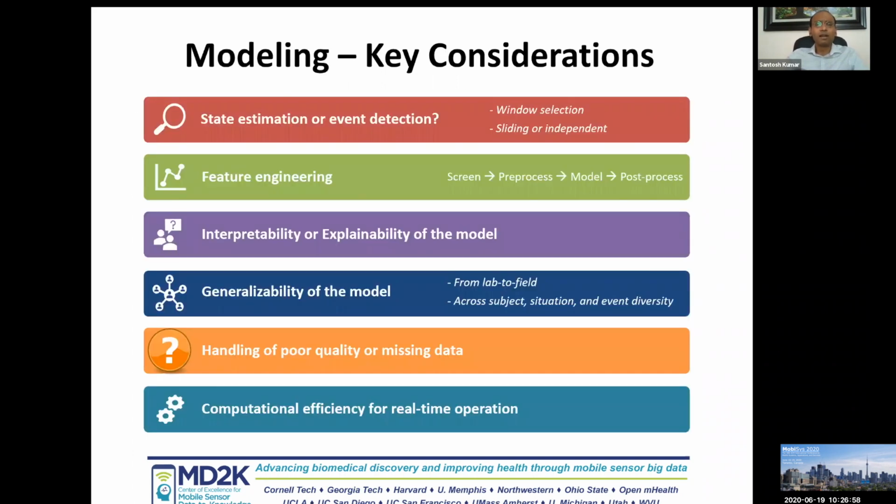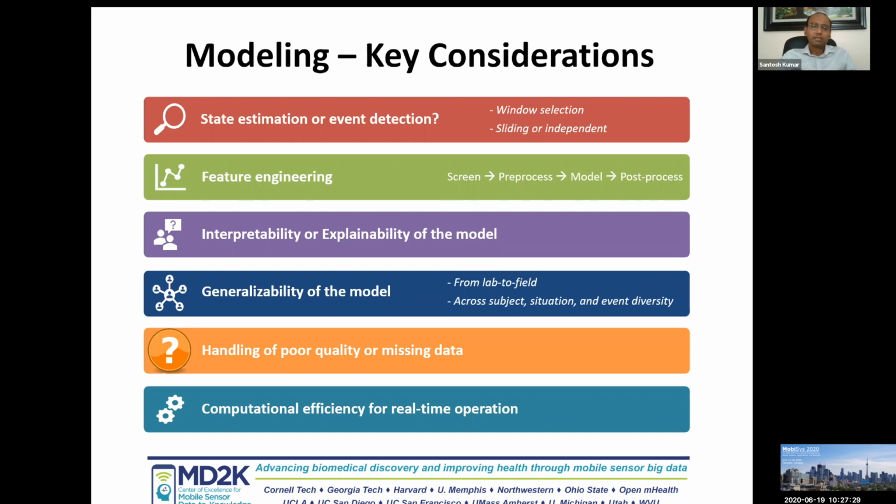So when it comes to modeling, there are several key considerations here as well. Should you be doing a state estimation or event detection? And then, should you be doing sliding windows or doing it on independent windows? Feature engineering itself is a big challenge, largely with respect to what pre-processing should be done, what post-processing should be done, what features should be discovered, whether data-driven or domain science-driven.